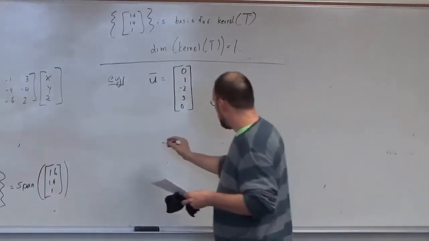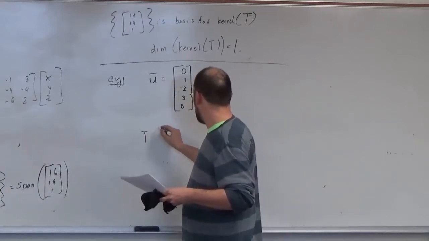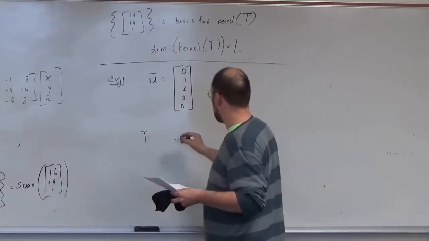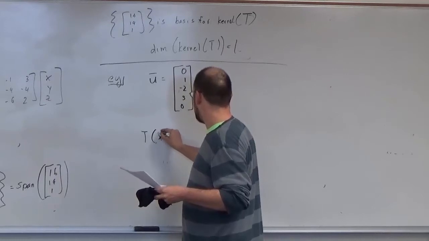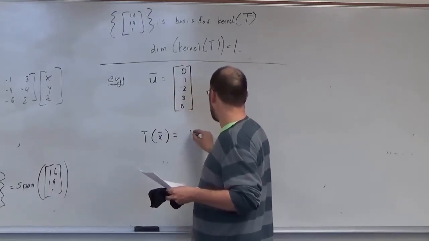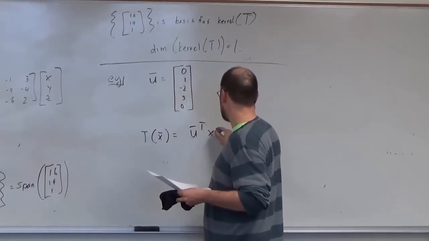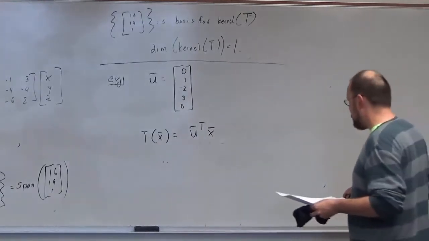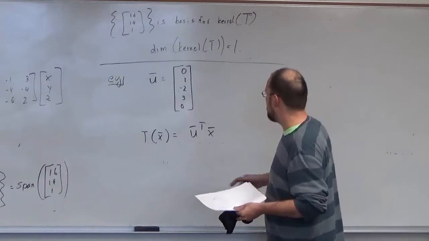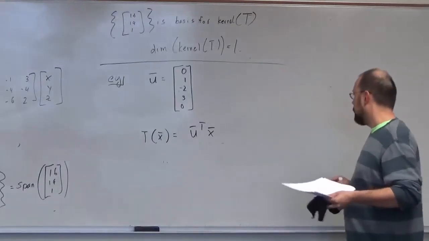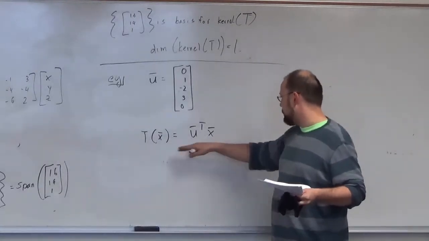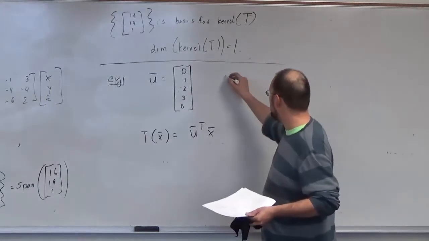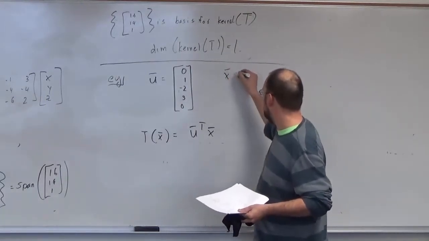And then you consider the transformation of the vector x defined by U transpose times x. And that's a linear transformation because it's just a matrix multiplication. What dimension would the domain be of this function? Well, where is the x from? What space?